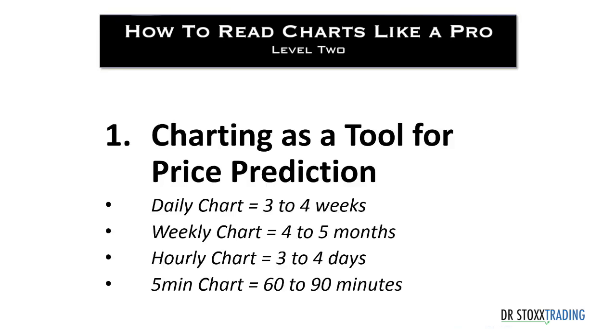So in other words, if your trade hasn't been stopped out or hasn't hit its target within an hour to an hour and a half, you take another look at the chart. If you still like it, you can hold on to it, that's fine. You might have to adjust, in fact you will probably have to adjust your stop and your target. But if you don't like it, just get out, because the original prediction that you made has changed for whatever reason, and you'll need to close that trade.